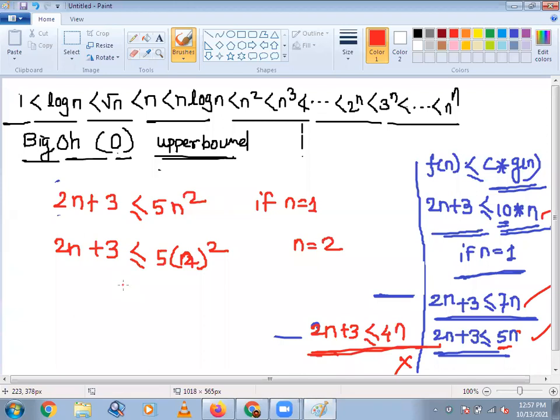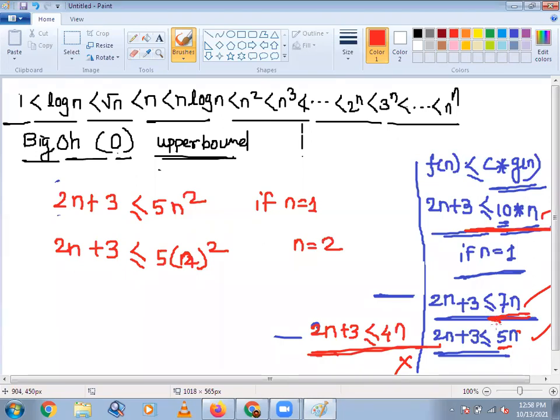See, in the first case we have taken 10n, in the second case 7n. Forget about the constant. So here, what is the definition of the constant? C is greater than 0, or any positive constant which satisfies the equation.